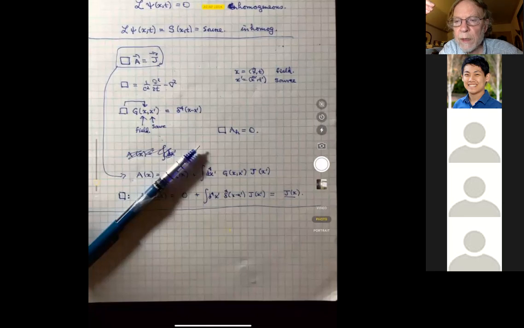They induce a current in the conductor because J equals sigma E. The electrons in the metal respond to the electric field and produce a current. Well, those currents then radiate waves, new waves. Those are the scattered waves. And those scattered waves then contribute to the electromagnetic field.